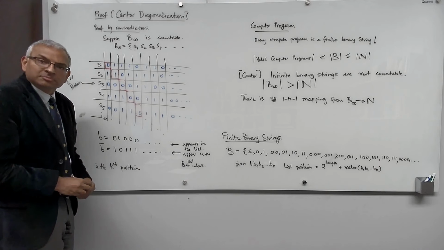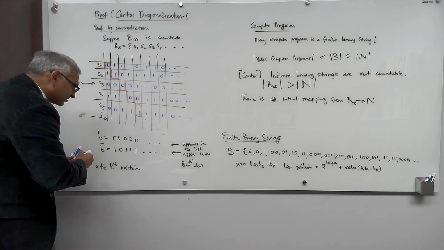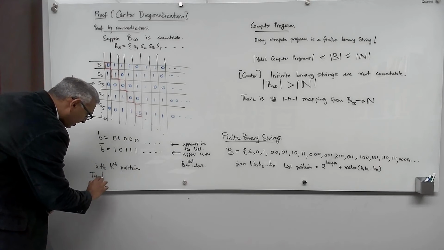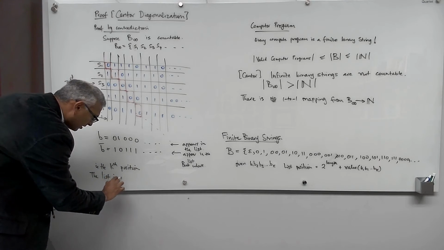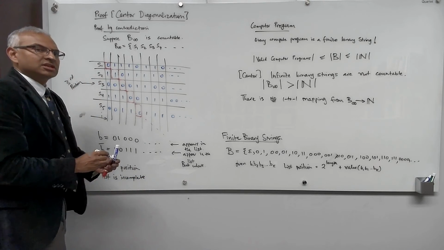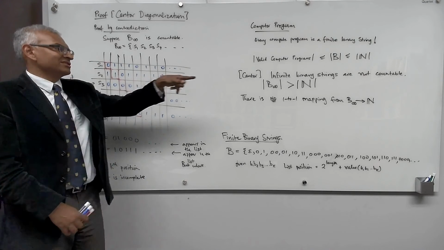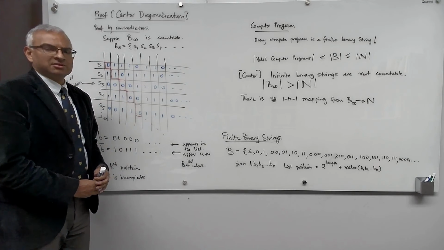And so that means that this list is incomplete. And that's a contradiction because it was supposed to be a valid list, which means it contains all the strings in B infinity. So that's the starting position.